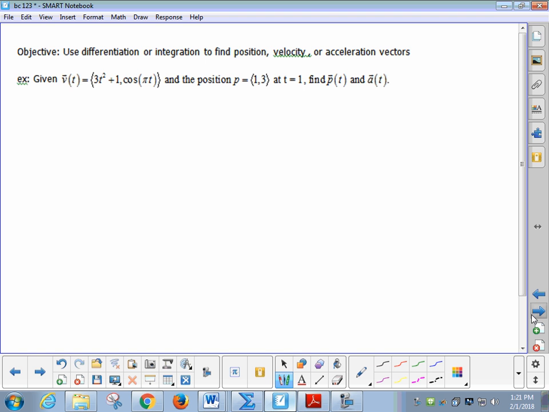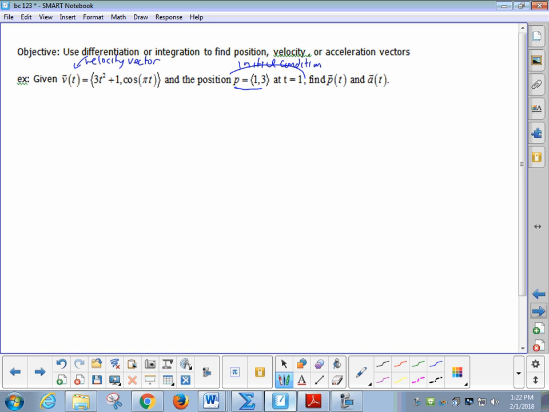So this time I'm giving you the velocity vector v, which they would generally tell you, this is velocity now, it's not just some v, it's velocity vector. And I give you a position vector. Now this is an initial condition velocity vector.